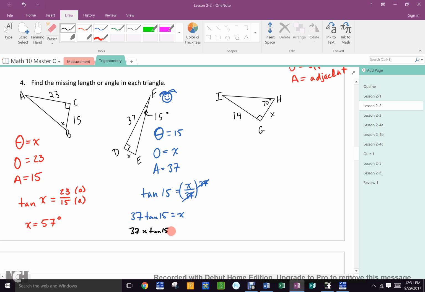And then what do I got to hit? Equals. What's the answer? 9.91. Is everybody cool? Going once. Twice. Yes, Brianna? You did 37. You have a forward calculator. Well, that's why. All right.